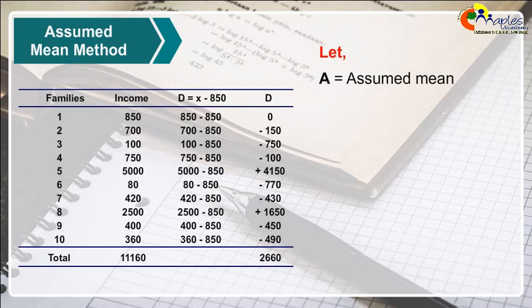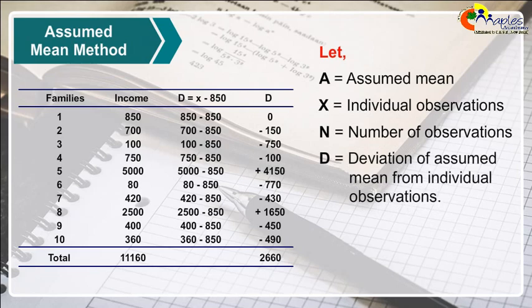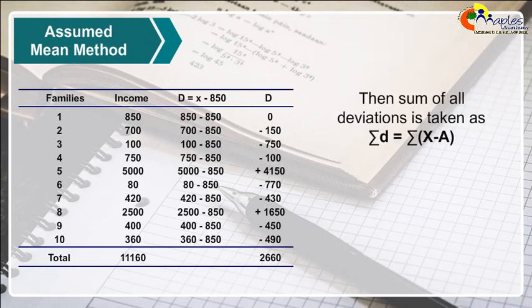Let A = assumed mean, x = individual observations, n = number of observations, d = deviation of individual observations from the assumed mean, that is, d = x - A. Then the sum of all deviations is Σd = Σ(x - A).